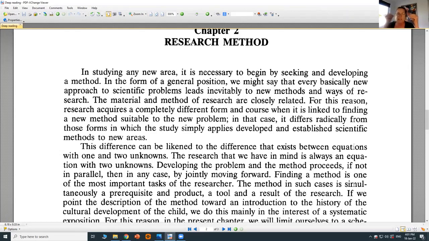So what he's saying can be applied to us now. Yeah, absolutely, it's valid. It's as if it was written just now. But it was written about 90 years ago. That's why we say that Vygotsky was a genius. This is the kind of evidence.